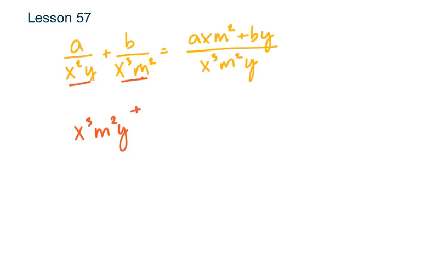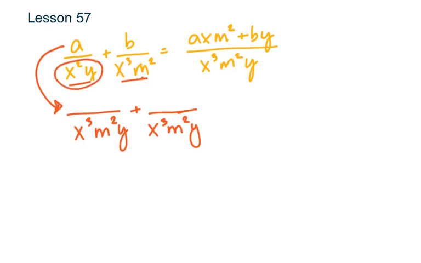So in order to add those two expressions, we need for them, again, to both have the same denominator. But to now decide how the numerator changes, we need to figure out, to get from our original denominator to our new denominator, what did we need to multiply the x squared y by?